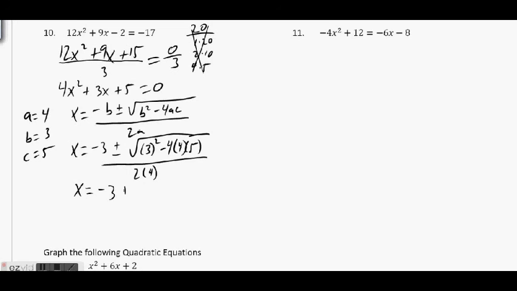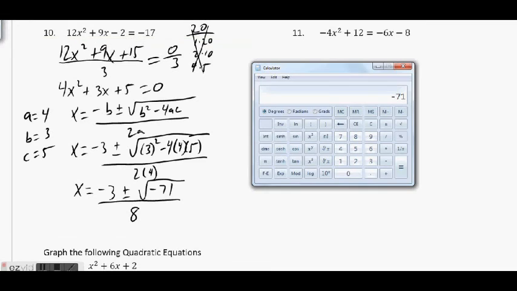all over 8. Now, 71, I tried a whole bunch of things here, alright? So all I'm worried about is 71 because I know it's going to be imaginary. 71 divided by 2 squared. Nope, didn't work. 71 divided by 3 squared. Nope. 71 divided by 4 squared.